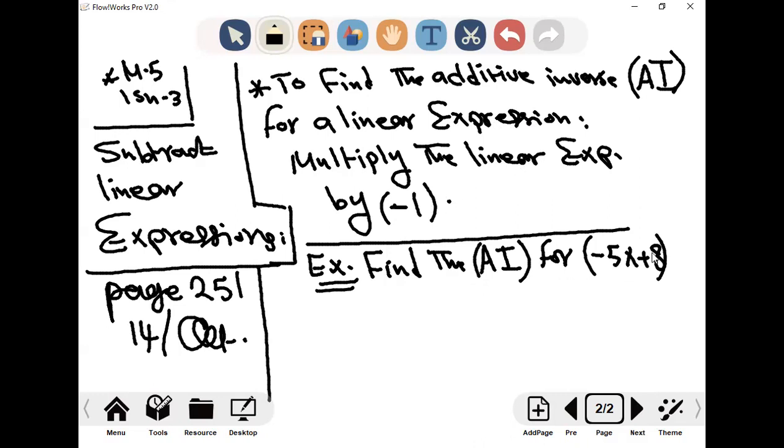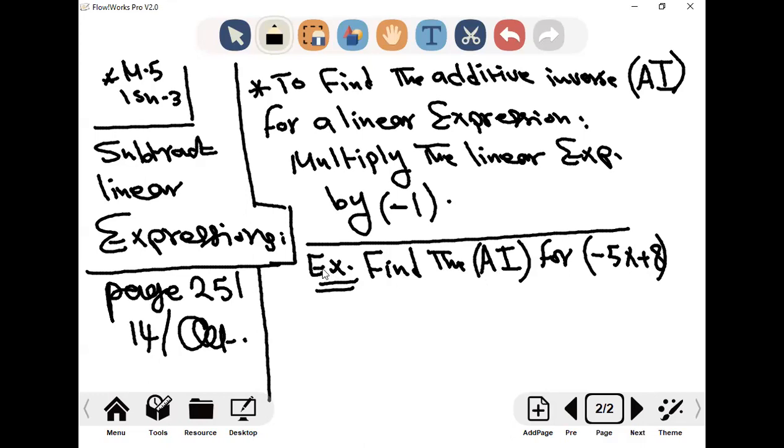So this is the linear expression. I will multiply it by negative 1, not 1, my dear Rayan. Okay? Now find the additive inverse for this. So this is an example from me. Did I write example 1 here?